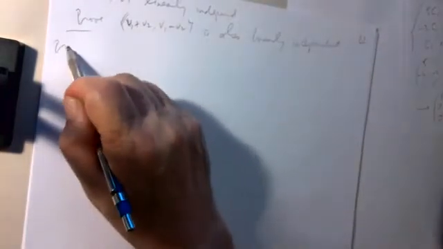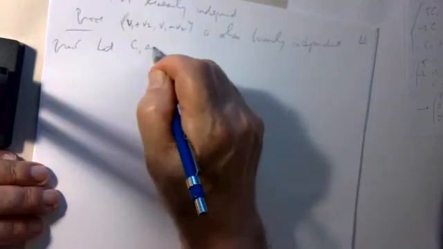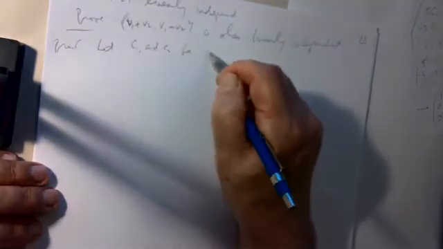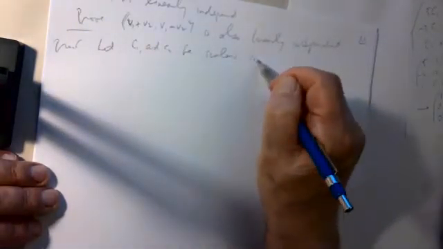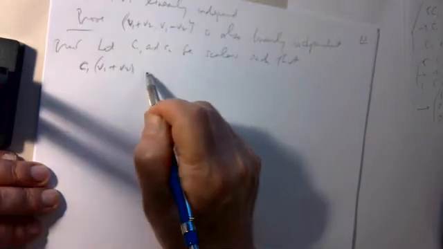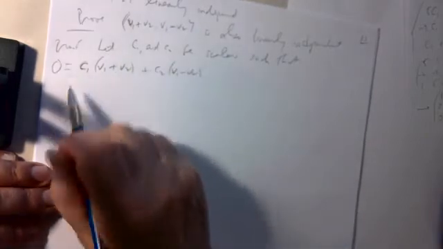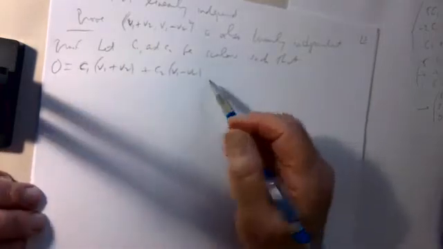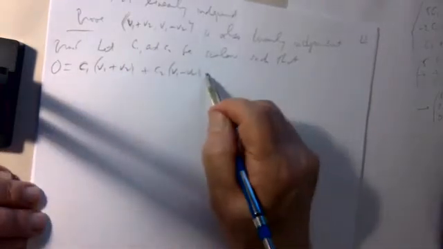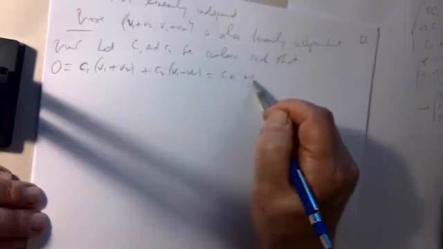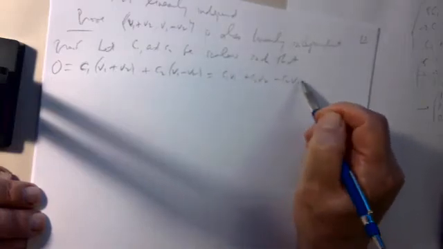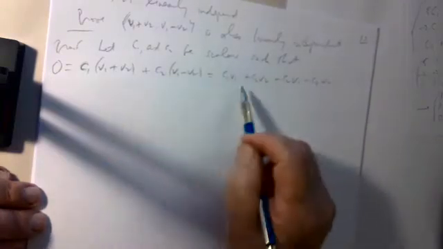So the proof goes as follows. Let C1 and C2 be scalars such that C1 times (V1 plus V2) plus C2 times the second vector equals the 0 vector. Of course, you expand this. This is C1 V1 plus C1 V2 plus C2 V1 minus C2 V2.